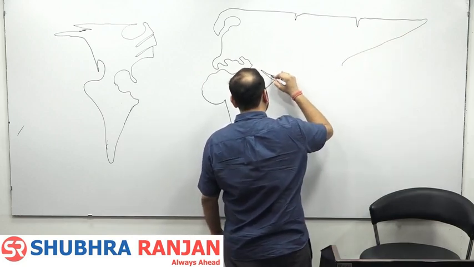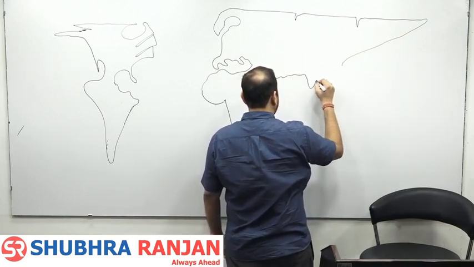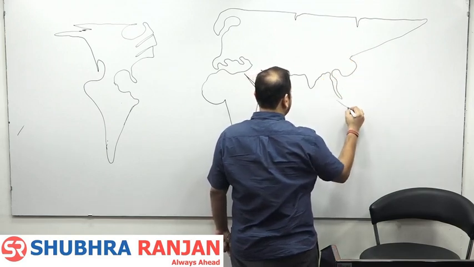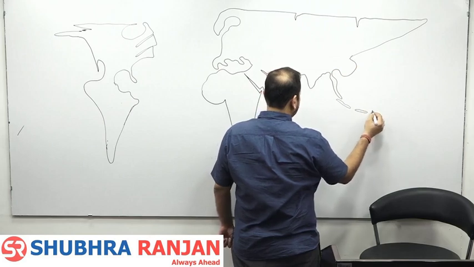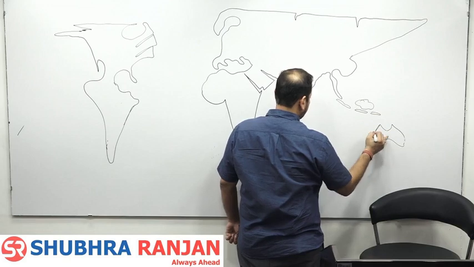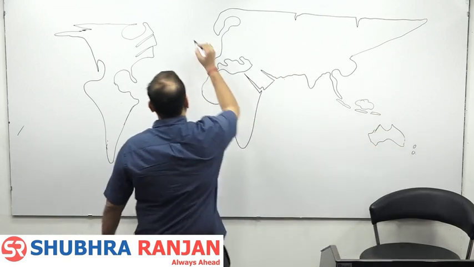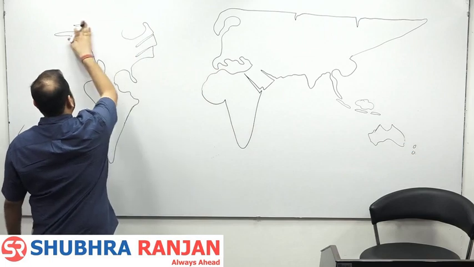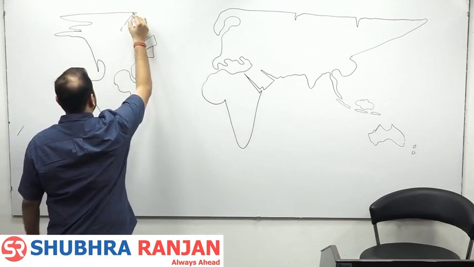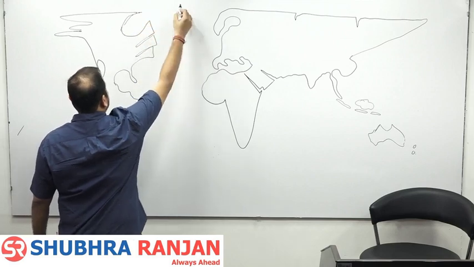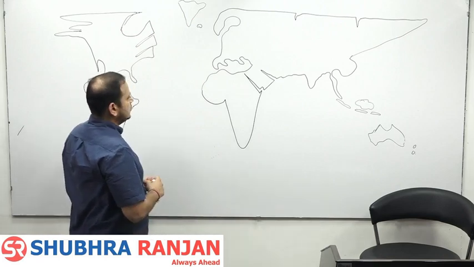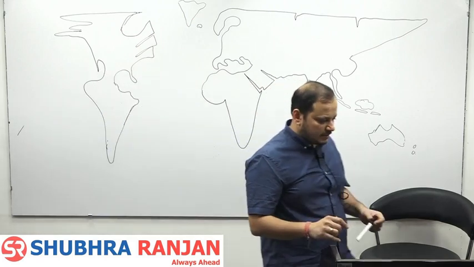Point number 3, the majority of the oceans are also triangular in shape.